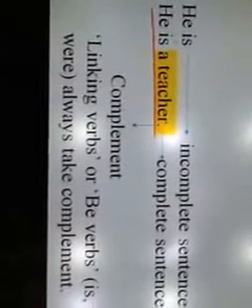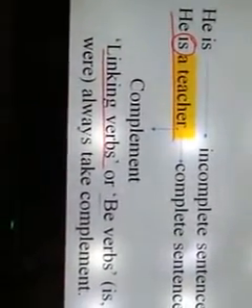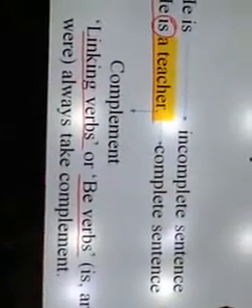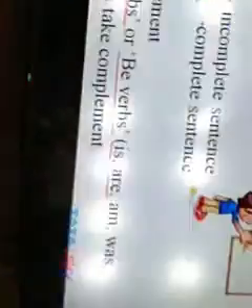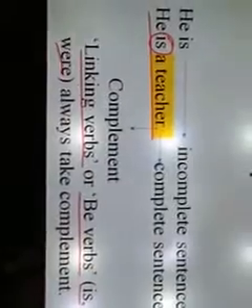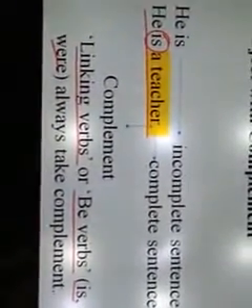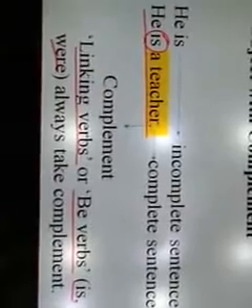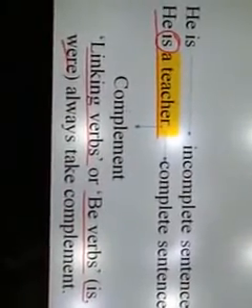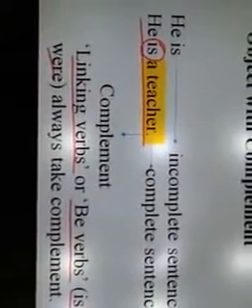Is is a linking verb or a be verb. All linking verbs or be verbs like is, are, am, was, were always take a complement. He is a teacher. They are doctors. They are corona fighters. These are examples of object with complement.